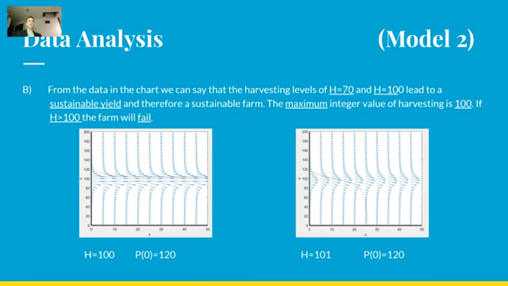As you can see here, we test out values h equal to 100 and h equal to 101, and we see that at h equal to 100, keeping the initial condition constant at 120, the farm will be successful, but it will not be successful at h equal to 101.